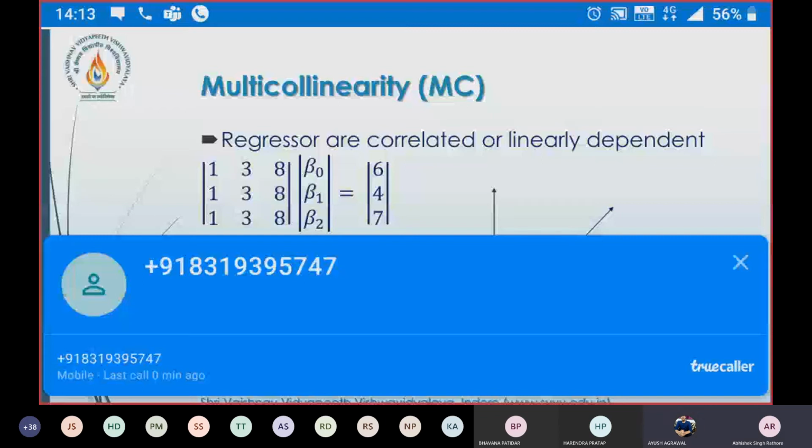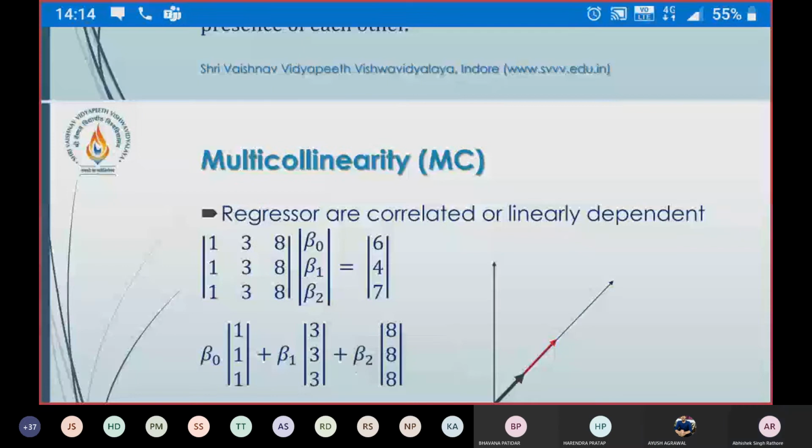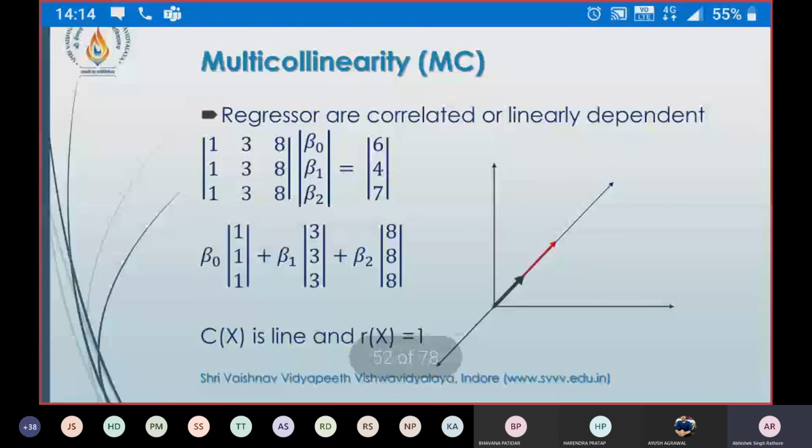सर स्क्रीन पे वो ट्रू कॉलर का दिख रहा है. तो अभी भी दिख रहा है? सर. ओके, जस्ट अ मिनट. मेरे कॉलेज में लाइट आ गई है. जस्ट अ मिनट.